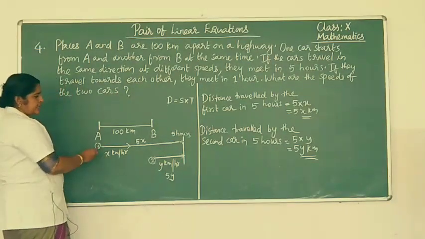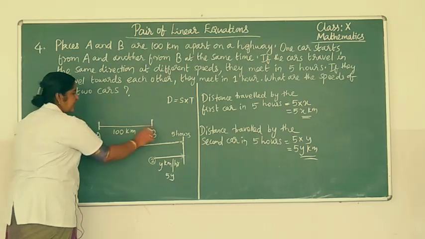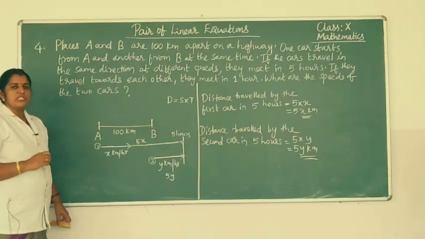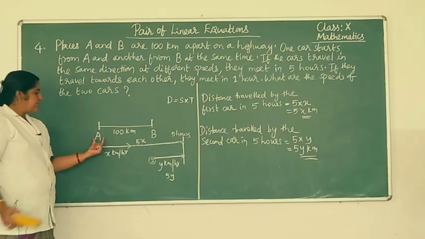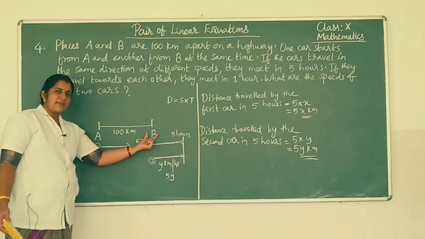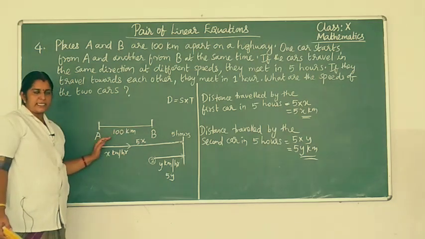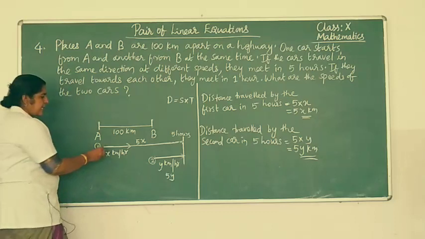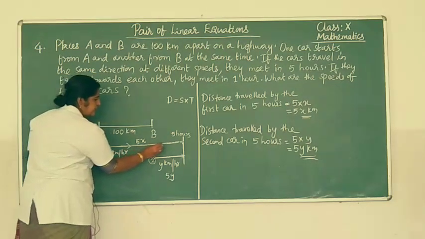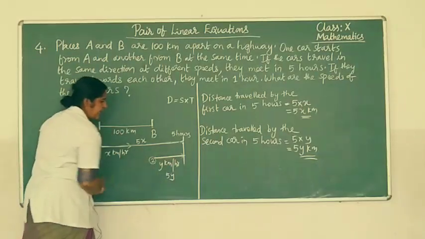And you know that, what is the distance between the initial positions of the two cars? That is place A and place B. These are the starting positions of the cars. What is the distance given? 100 kilometers. Okay, so now you see, this is the total distance traveled by the first car, and this is the total distance traveled by the second car.